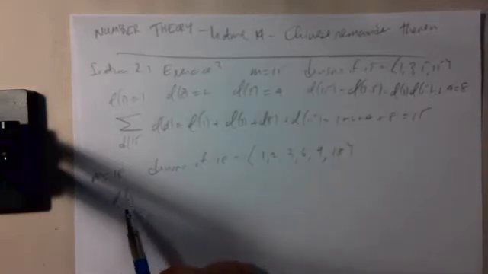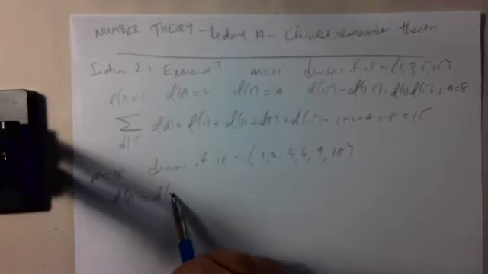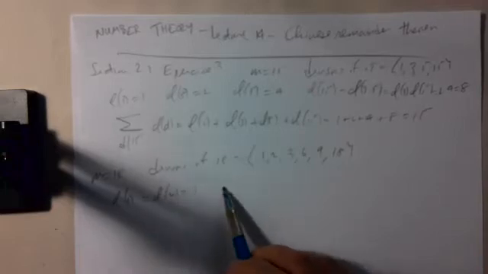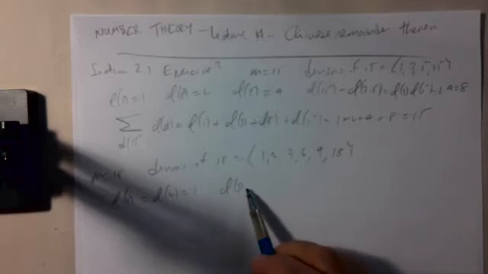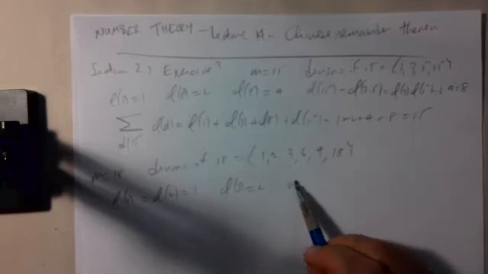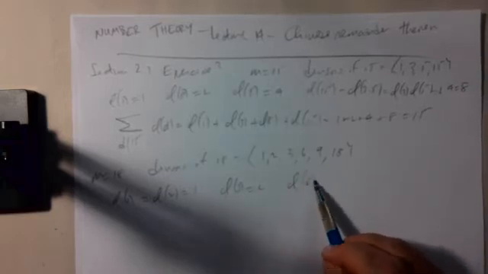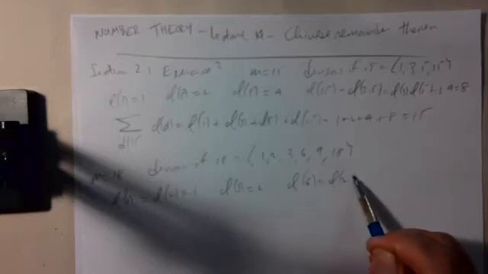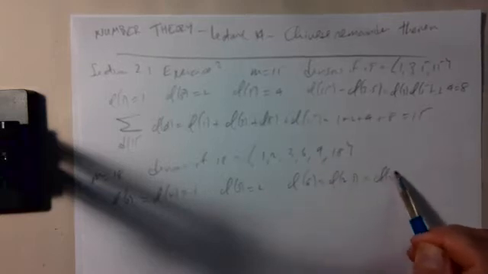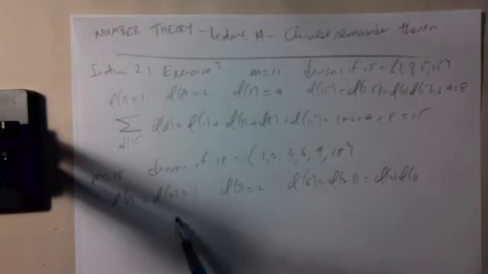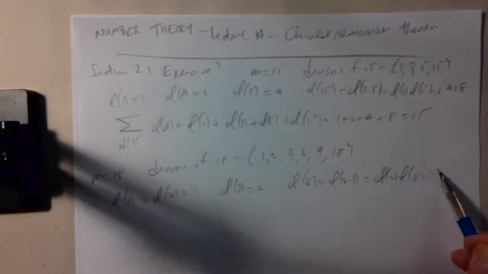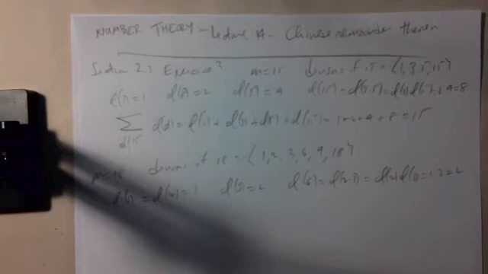And phi of 1 and phi of 2 are both equal to 1. Phi of 3 is 2. Phi of 6 is phi of 2 times 3, which is phi of 2 times phi of 3, which is 1 times 2, or 2.